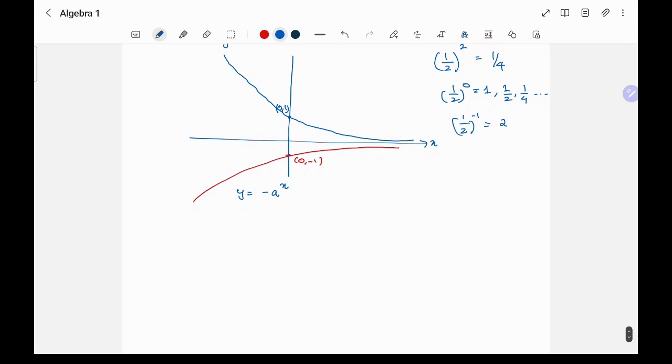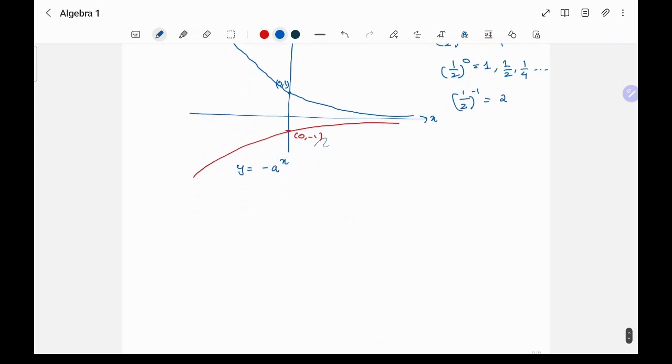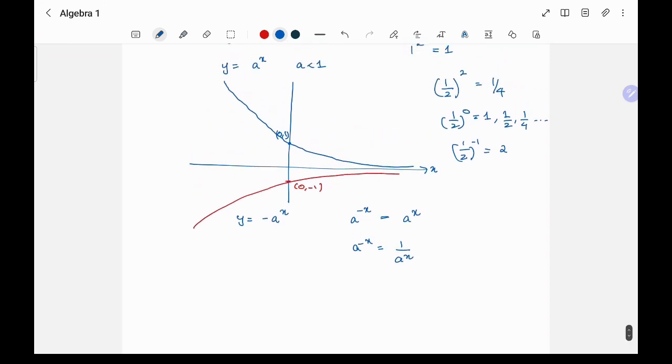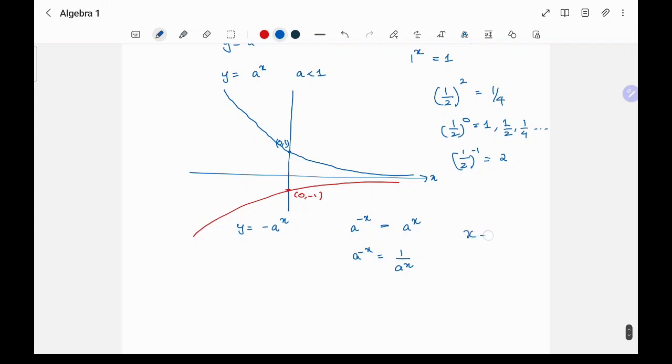Okay. And here a power minus x, if you see, is not related to a power x. Instead, a power minus x is 1 by a power x. Correct? So here, changing x equal to minus x, as I have told you, will just be a reflection about the y axis.